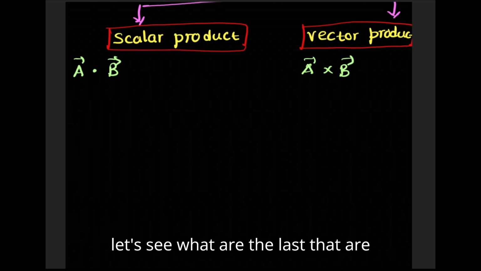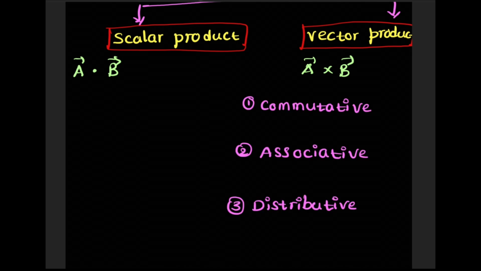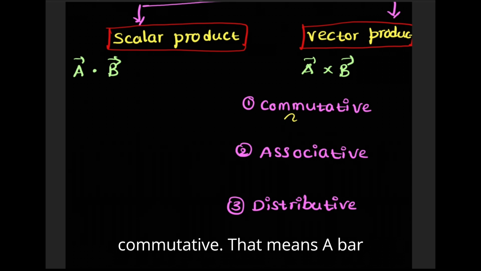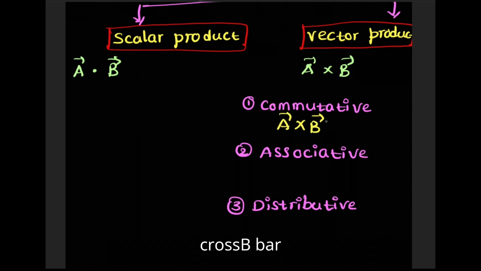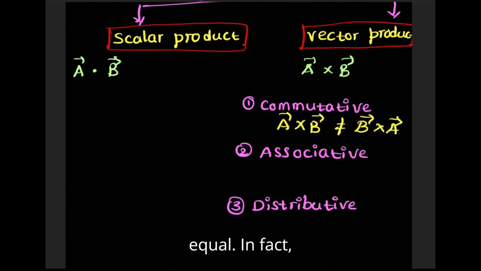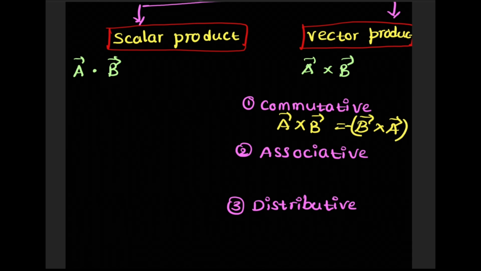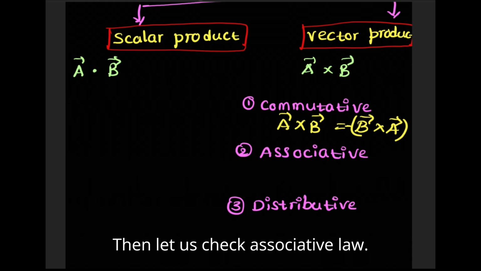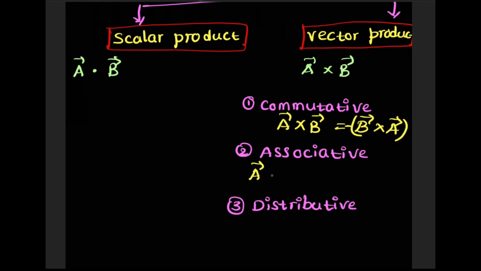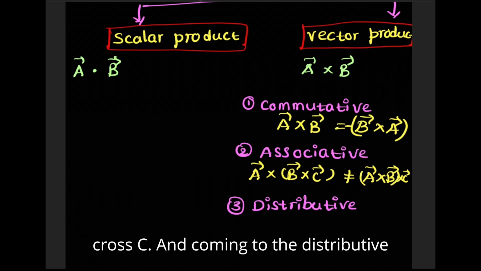Now let's see what laws are obeyed by the vector product between two vectors. The vector product between two vectors is not commutative. That means a bar cross b bar and b bar cross a bar are not equal. In fact, they are anti-commutative. Then let us check the associative law. A cross (b cross c) is not equal to (a cross b) cross c.